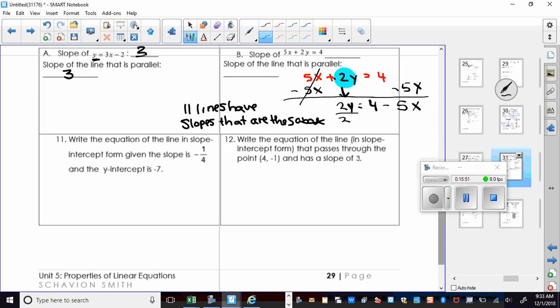Divide both sides by 2. And y equals 2 minus 5 over 2 times x. My slope is negative 5 over 2. So my new slope of a parallel line is negative 5 over 2.